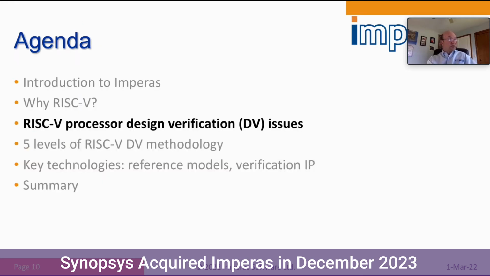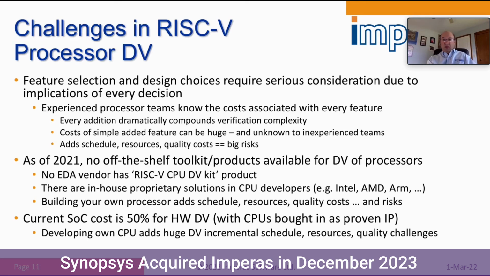So what about DV issues? I'll actually be very quick about this. It's really due to all the freedom that you have, the feature selection, the design choices. So experienced processor teams know the costs associated with every feature.